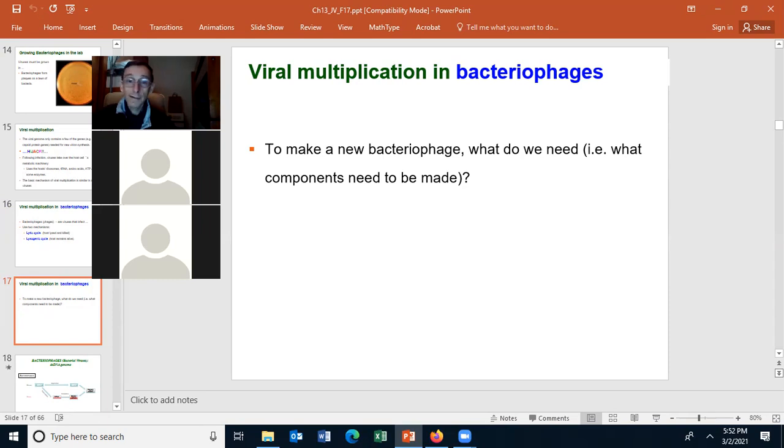Yeah, it needs a host cell, but what does the virus need to make in order to replicate the virus? It will use the host cell to make those products, but what do we need to make to replicate a virus? What do all viruses have? Come on, people, what do all viruses have?